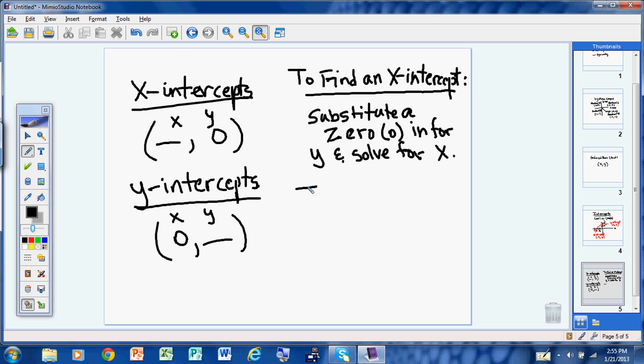Similarly, to find a y-intercept, what would we do?